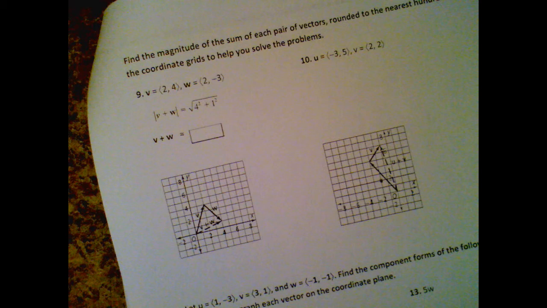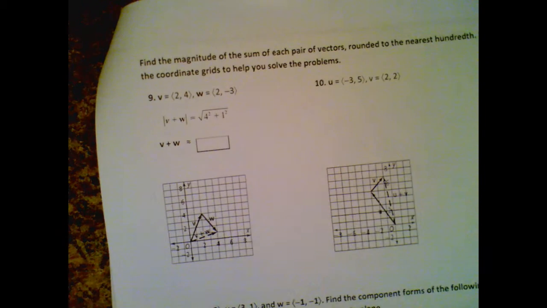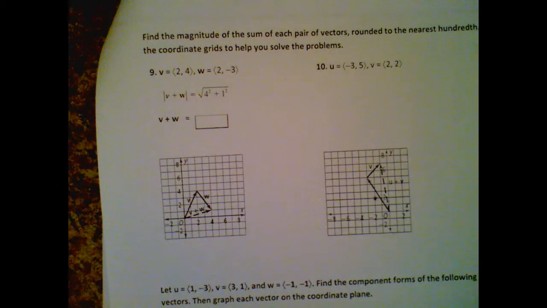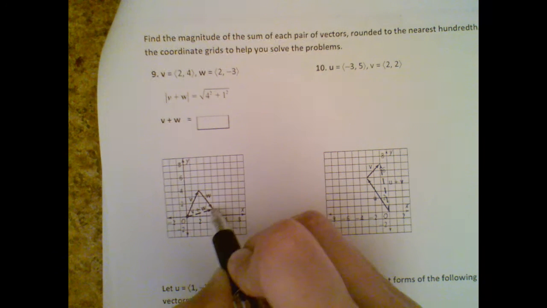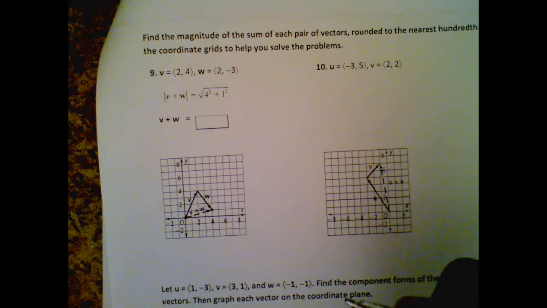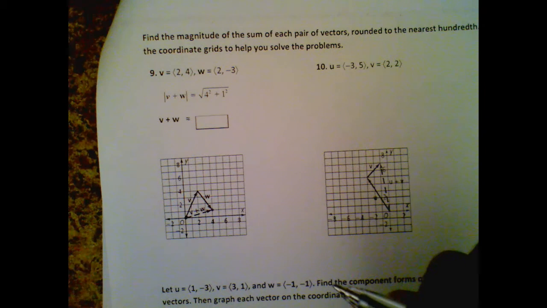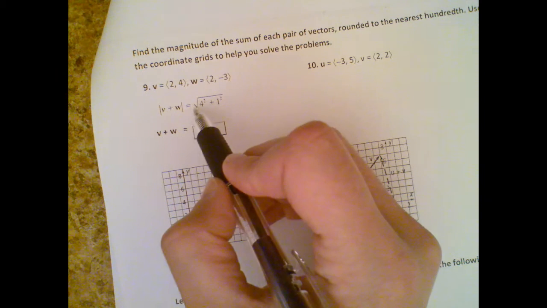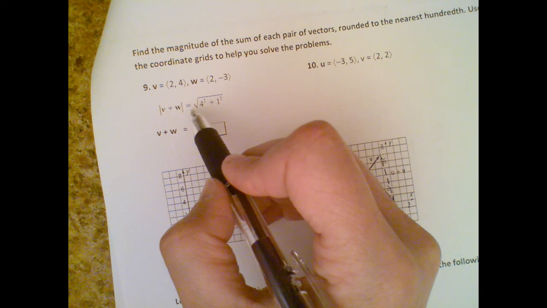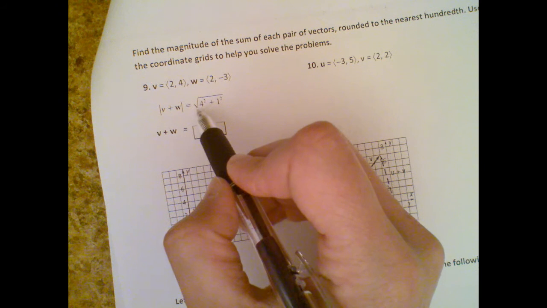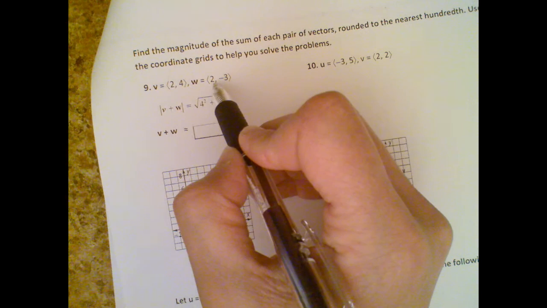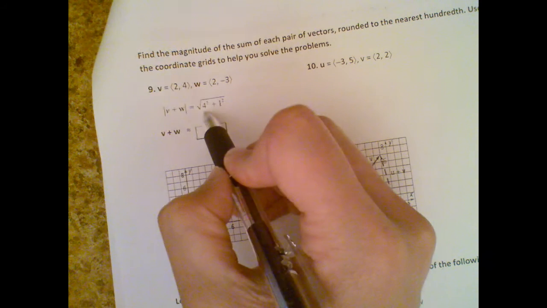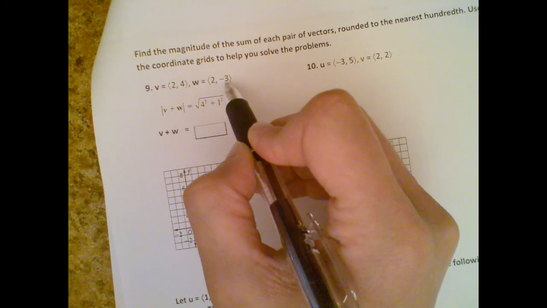So how we're going to go ahead and do this, you can kind of see they got us started, that we want to go ahead and find the length of V plus W. So we're going to take the absolute value of V plus W, which equals the square root of, and how they got this 4, they added these two 2's together. So 2 plus 2 gives us this 4. Then 4 plus -3 equals 1.